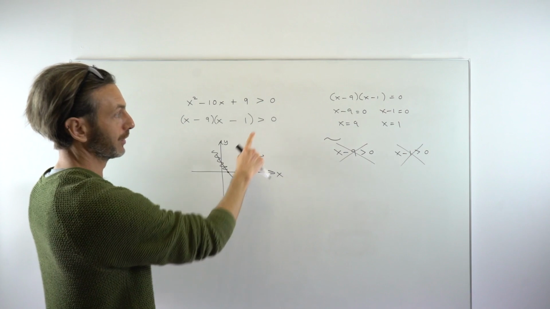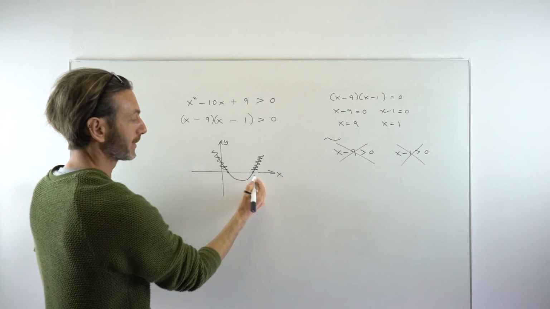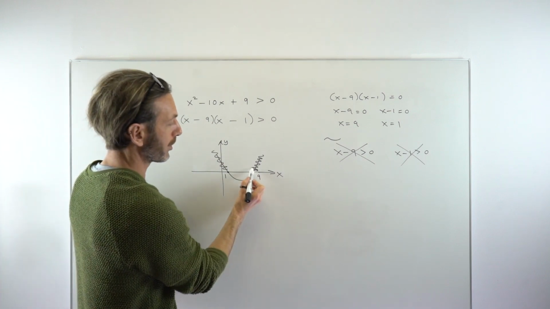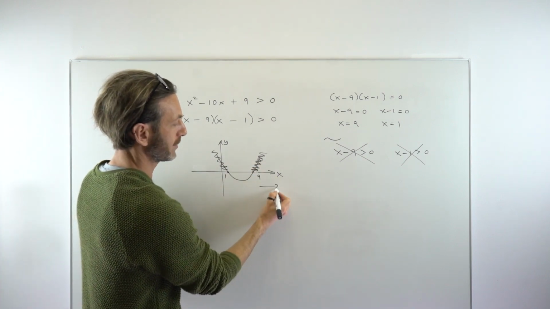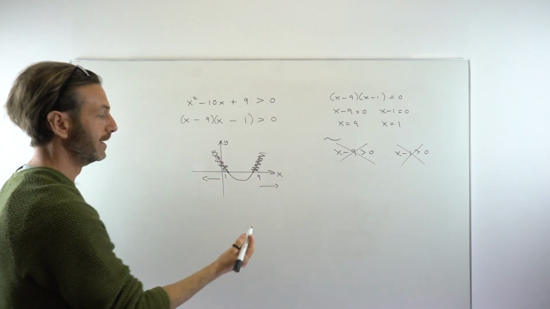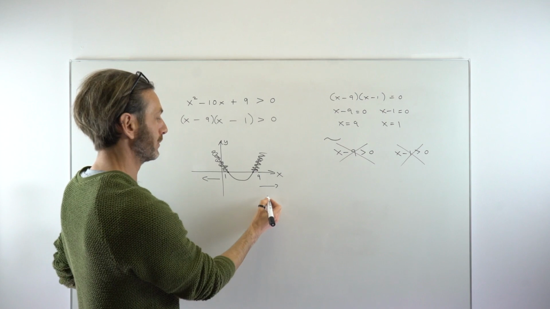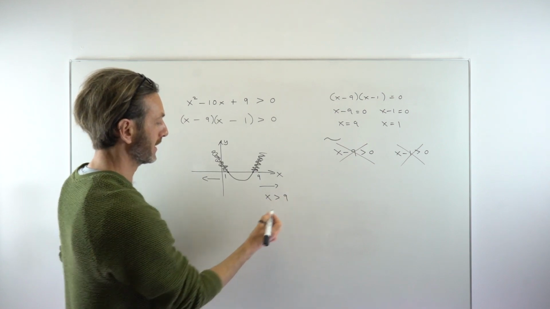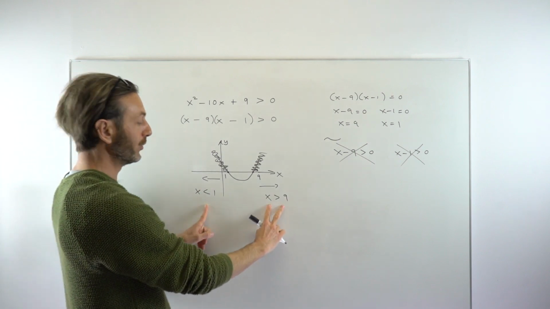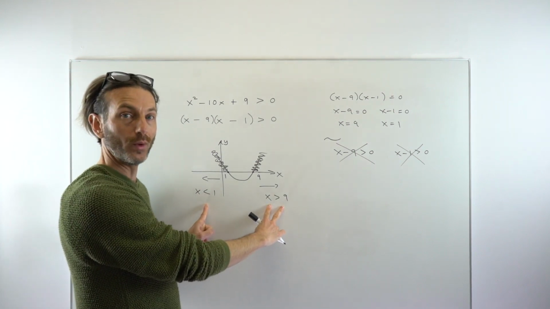That would be the part we would look at if it was the other way around. This point was at 9, this point was at 1, so we want all the part of the graph to the right of 9 and all the part to the left of 1. Mathematically, that says all the x values that are greater than 9, and all the x values that are less than 1. And those are the solutions to the question.